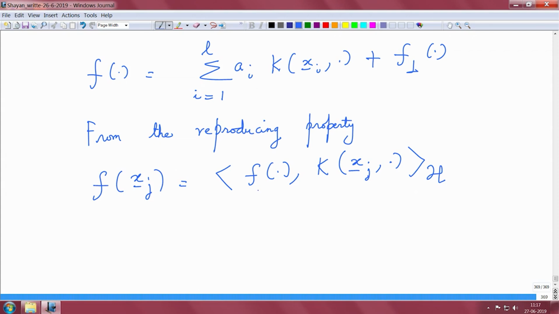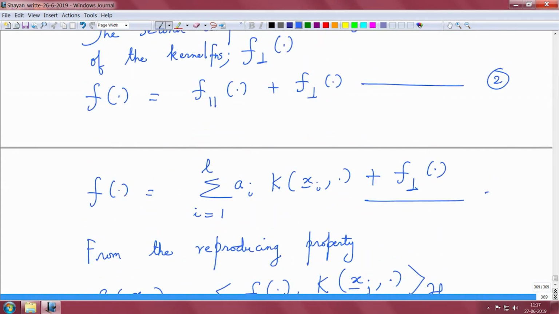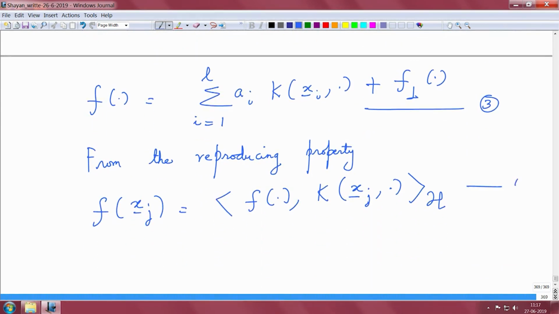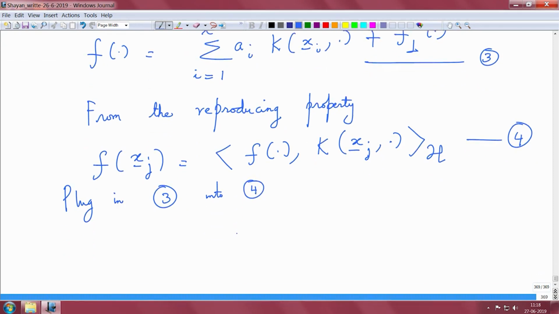Now, what I do is I take f based on this expansion. So, I call this, I think I call this equation 2 here. So, this should be equation 3. I plug in equation 3 into 4. So, what I get is f of xj, because it is any function on this data point.